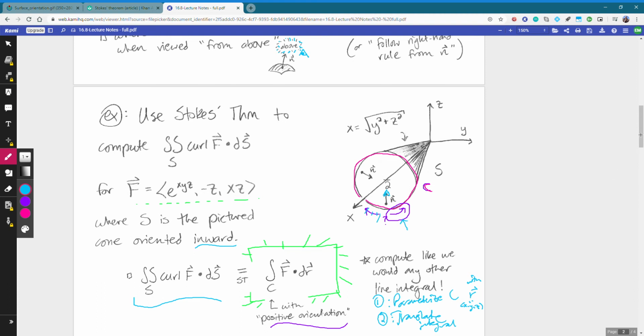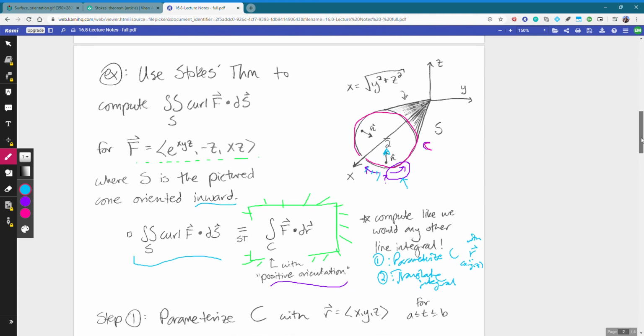All right, well, in terms of getting our parameterization, we need to describe our boundary curve. And what we can see from our picture is that this boundary curve is actually coming from cutting off our surface, our cone, at x equals 2.